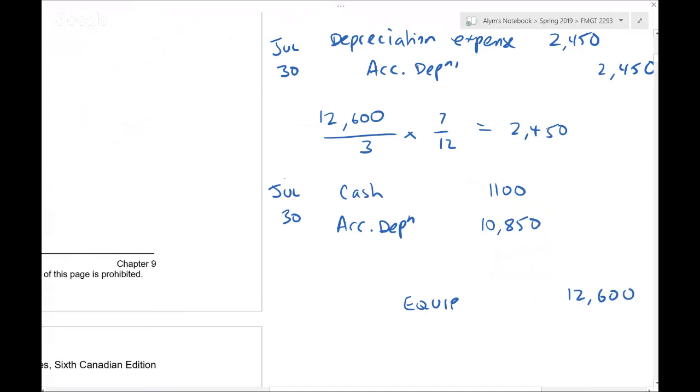And it looks like we're missing some debits here, so we're also going to debit loss on disposal, and that's $650. Okay, so that's how we deal with the sale of a piece of property, plant, and equipment.